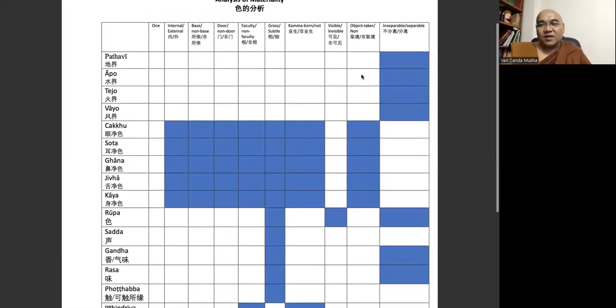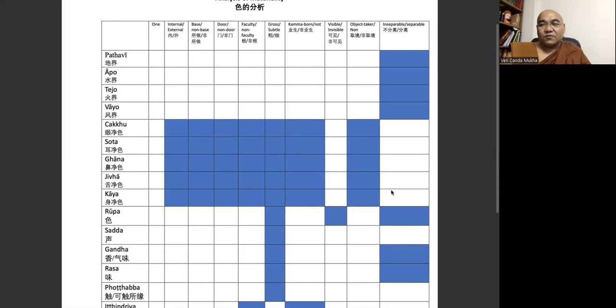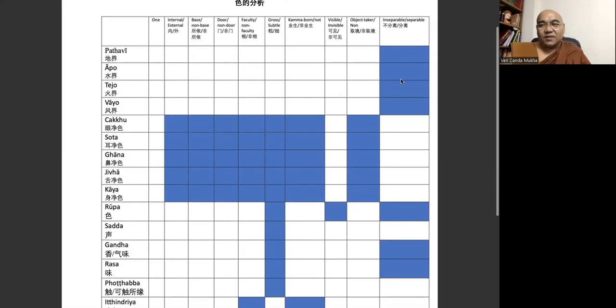But the other rupas cannot take any object, cannot serve as the receiver of the object. Among the 28 rupas, the last group is inseparable. Separable means we can separate.